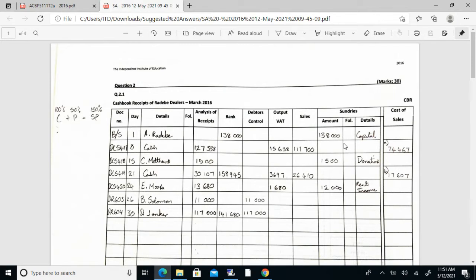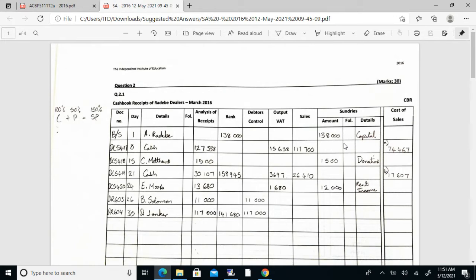Then next one, credit sale of trading inventory. So what journal is that going to affect? Debtors journal. Trading inventory return. Which journal? Debtors allowance journal. We're not doing that, so we can cross out that transaction, just to save us some time.